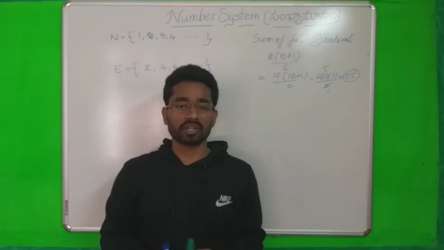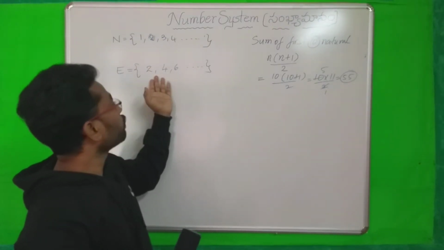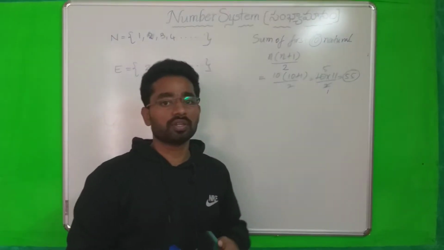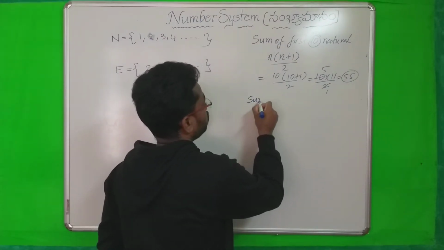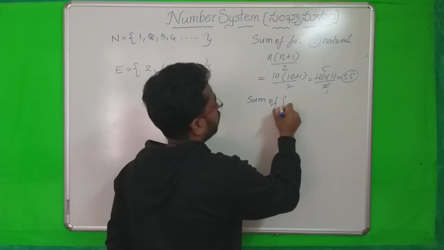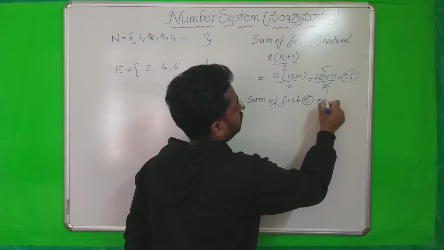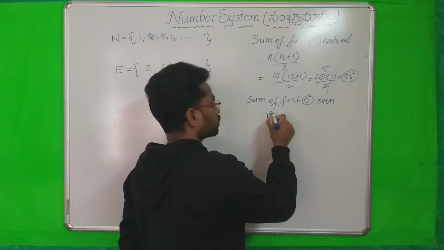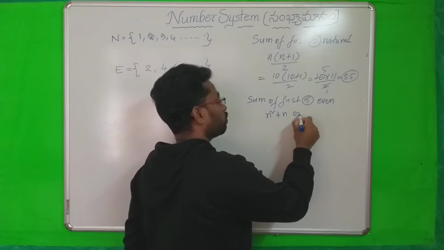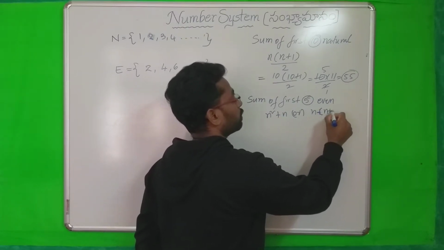You can get these bits in exams also, so you have to remember. And here, for the sum of first n even numbers, we have one formula. For example, I am taking only 5. Sum of first 5 even numbers. The formula is n square plus n, or n into n plus 1.